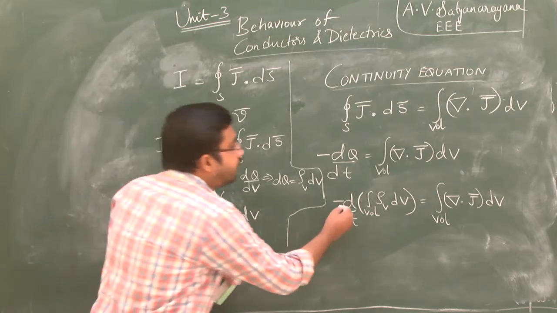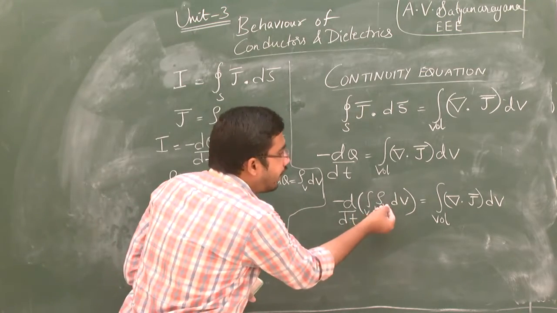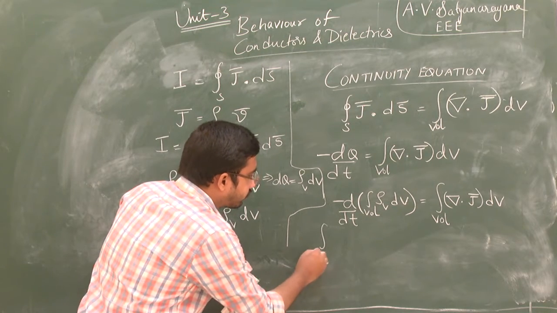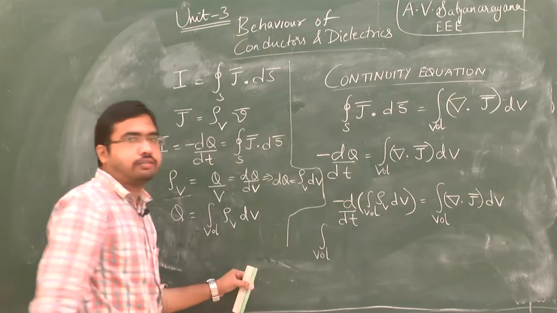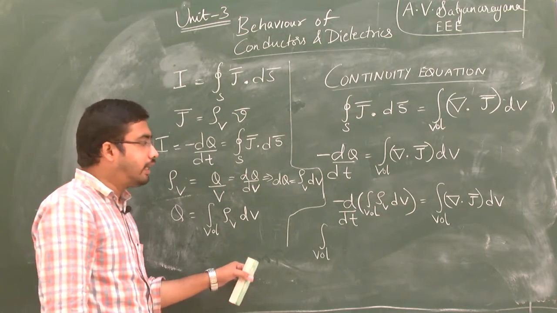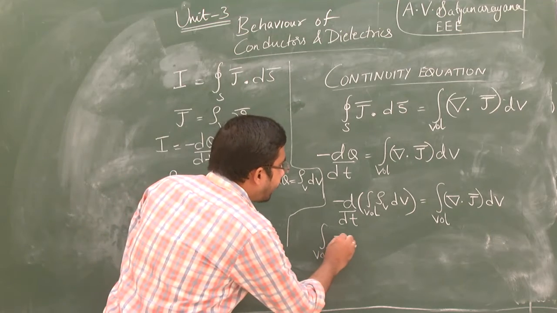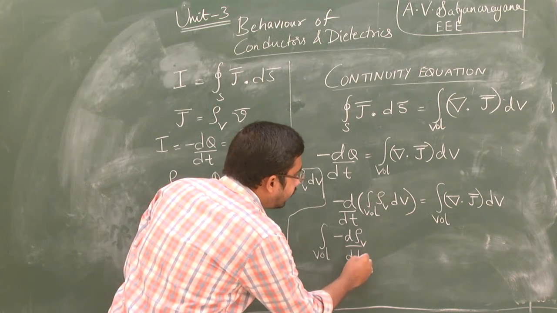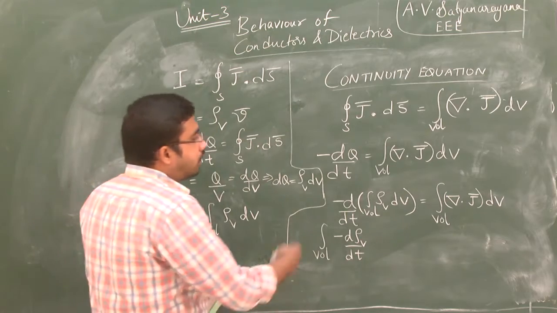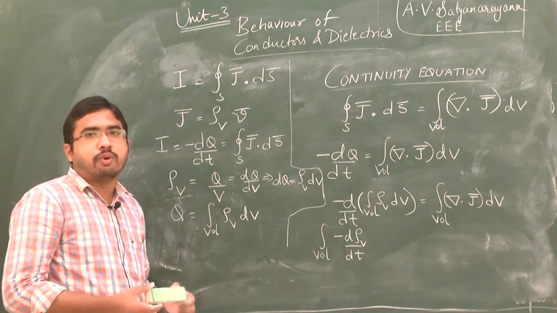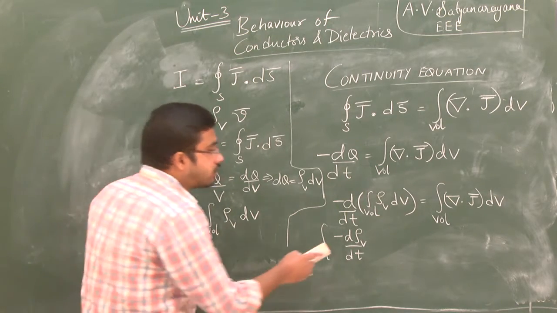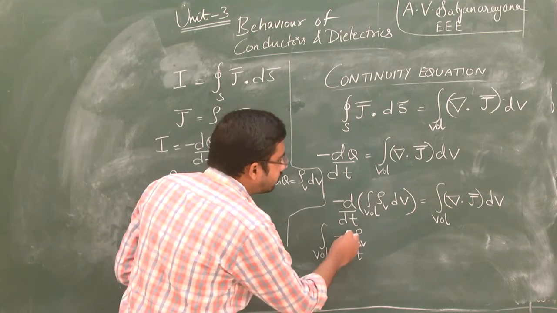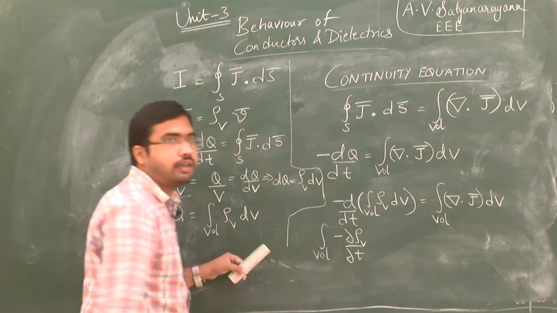Now, can we send this differentiation inside and this integration outside? So that will become the volume integral of minus d rho v by dt. As we are considering only small differential parts, we can take it as the partial derivative dou rho v by dou t.